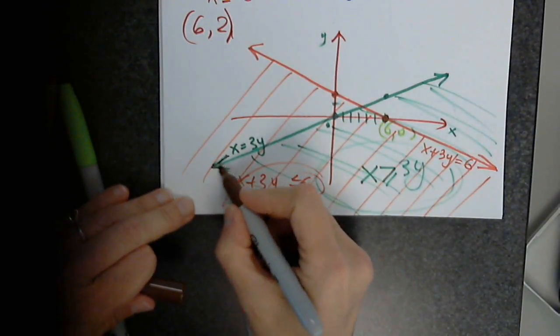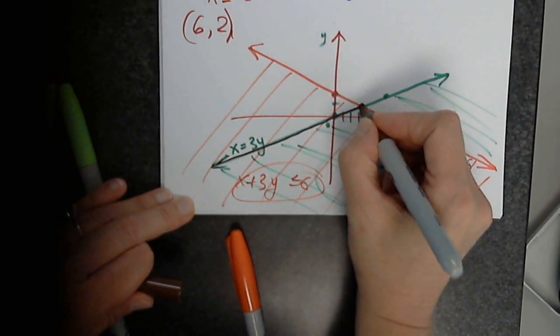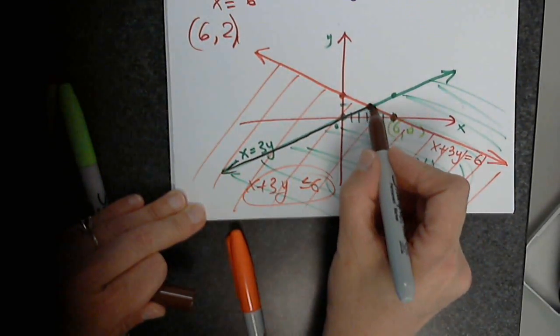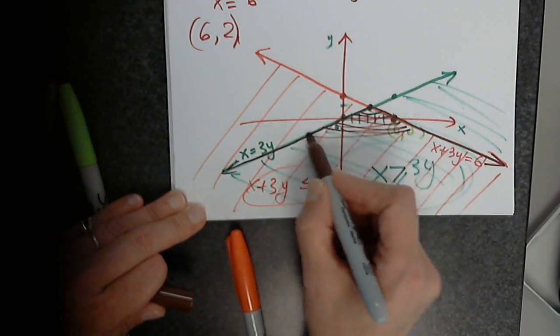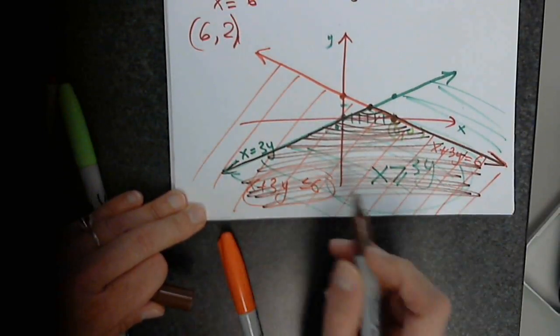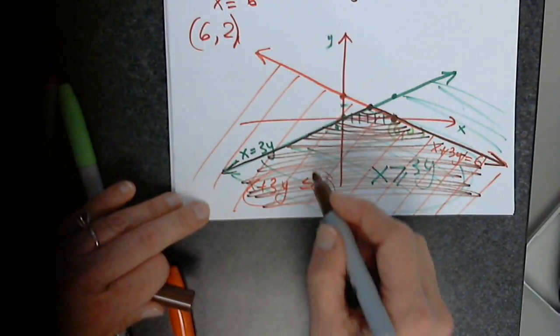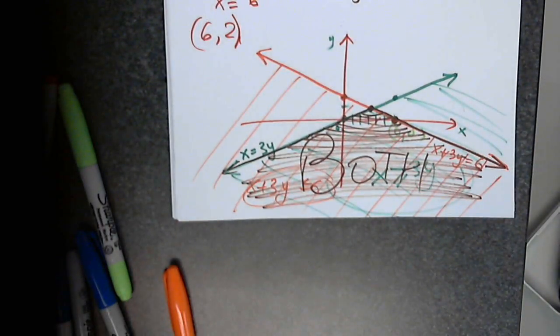So the solution will be everything on this line, the vertex, everything on this line, and everything in between, where both conditions are fulfilled. So this is both at the same time. And this is the solution to the system.